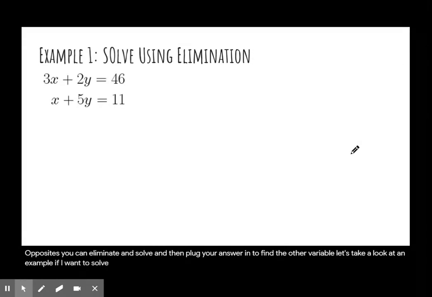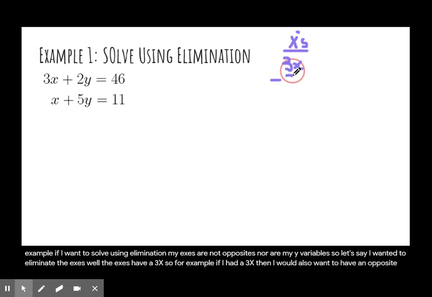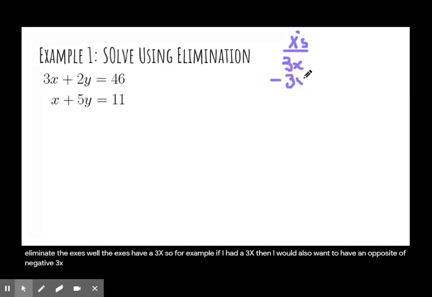If I want to solve using elimination, my x's are not opposites, nor are my y variables. So let's say I wanted to eliminate the x's. Well, the x's have a 3x. So if I had a 3x, then I would also want to have an opposite of negative 3x.